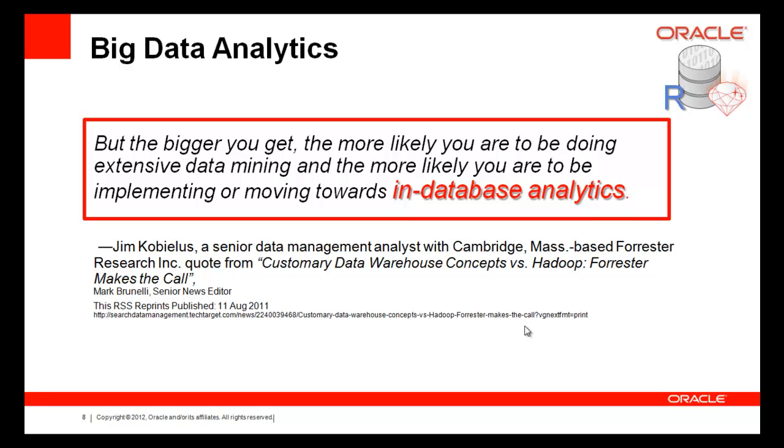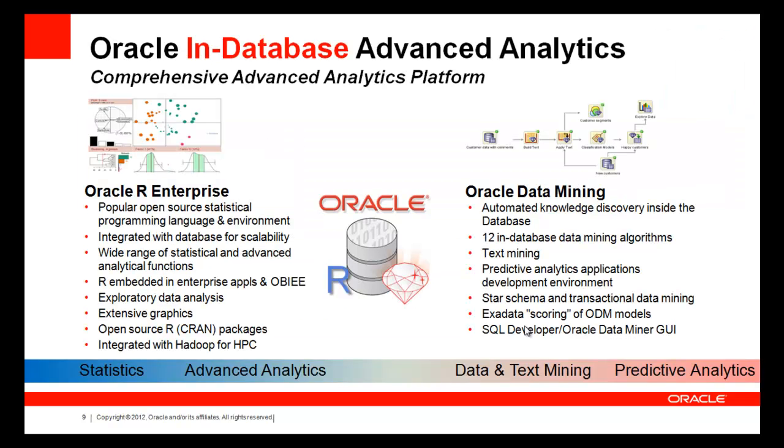We've taught the database how to do all of these different types of techniques. And so today we have a product offering. It's an option to the database called the Advanced Analytics option. It turns the database into a comprehensive advanced analytics platform, something where you can take the data, leave it in place, analyze it, and then take those results and those findings and those insights and those predictions and serve it up to others.